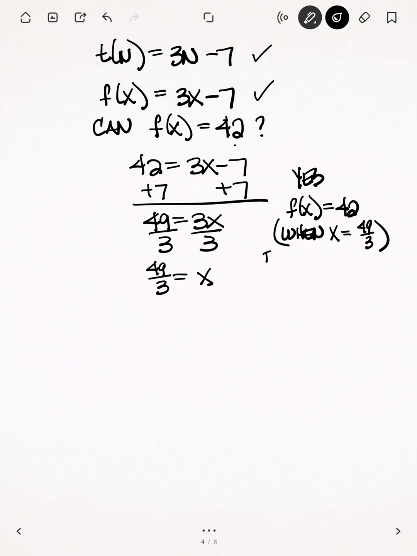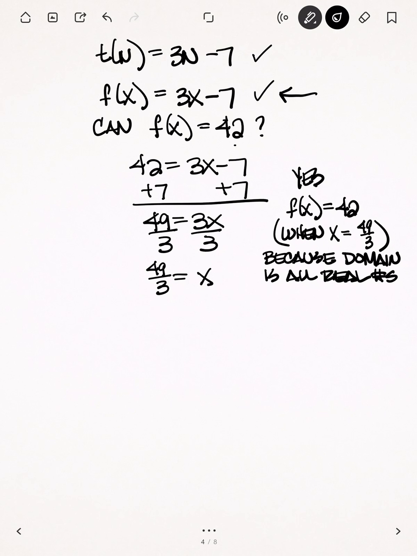That is okay because the domain of a function that doesn't have any fractions or any restrictions on it is all real numbers. If I have this function right here, I can plug anything in for x that I want. I can get fractions, I can get decimals, I can get negative numbers.